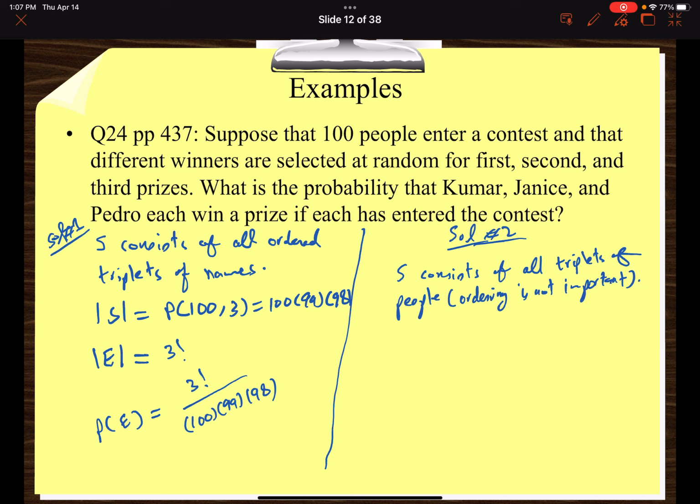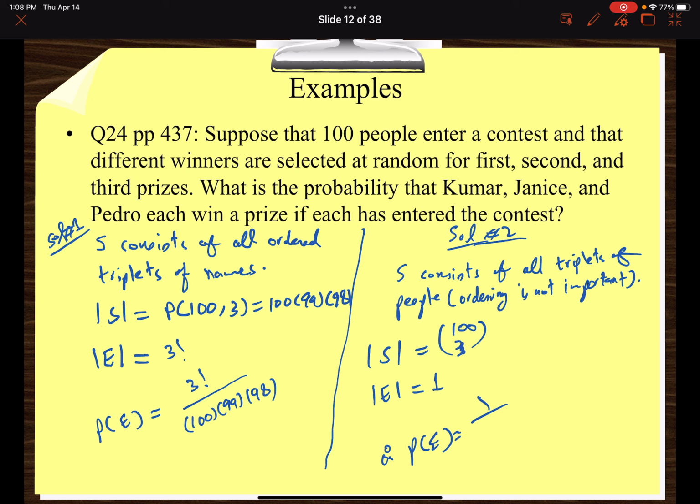So in that case, what is the size of S? 100 choose 3, صح؟ طيب what is the size of E? 1. 3 choose 3. 1, or 1 triplet, صح? So therefore, what is the probability of E?